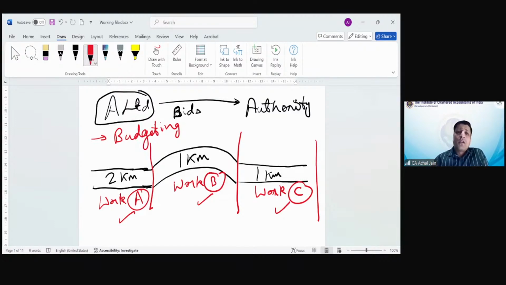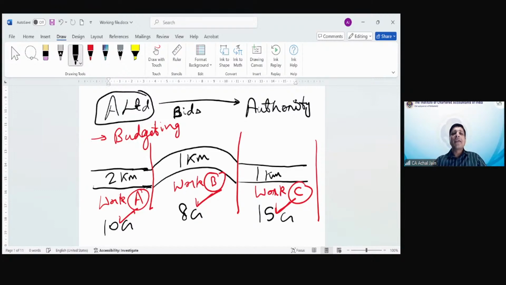So we have contract A, contract B, and contract C. Let's try to put values to all of these contracts. For contract A, let's suppose the value is 10 crore. For contract B, 8 crore. And for contract C, 15 crore.